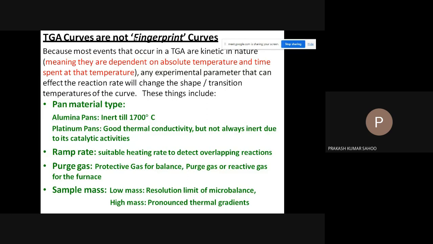So this is known as the fingerprint curve. Like in our infrared spectroscopy, IR spectroscopy, there is also a fingerprint region. That means for a particular compound, the IR absorption is unique for that compound, and will not be equal or the same as for another compound. This is known as a fingerprint curve.